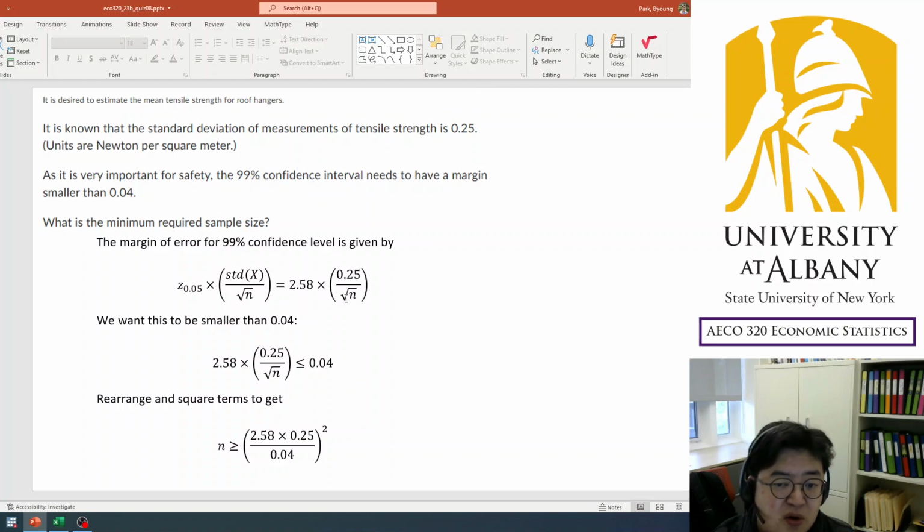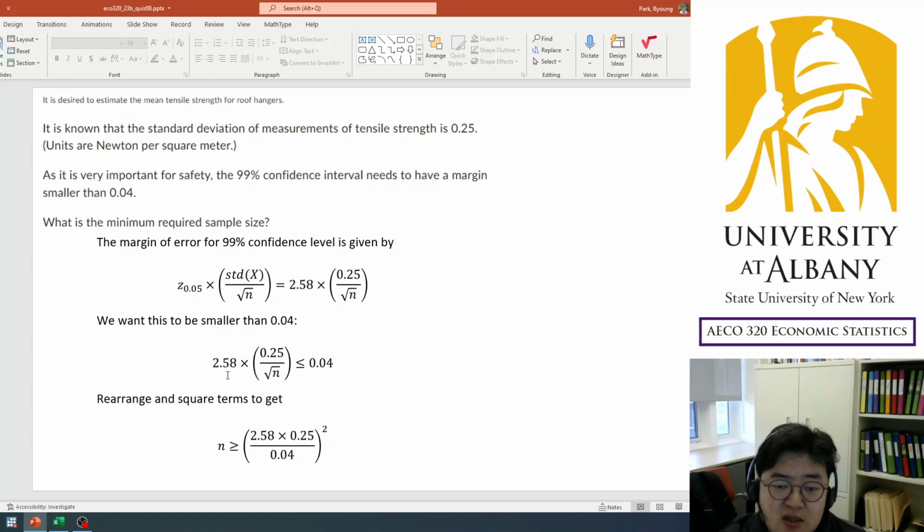But what is also unknown is the sample size. Sample size is our choice in this case, right? And we would like this margin of error to be smaller than 0.04. Remember, a smaller margin implies a more informative confidence interval, right? So the smaller the better.